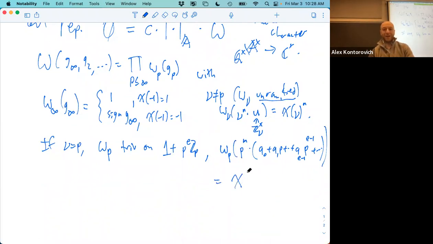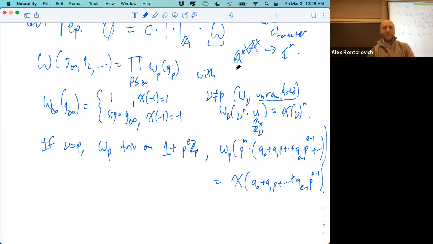And I put here what I said last time, chi of a0 plus a1 p plus ... plus a_{e-1} p^{e-1}, and don't do anything with anything higher up because that's where omega should be trivial. This is almost right.